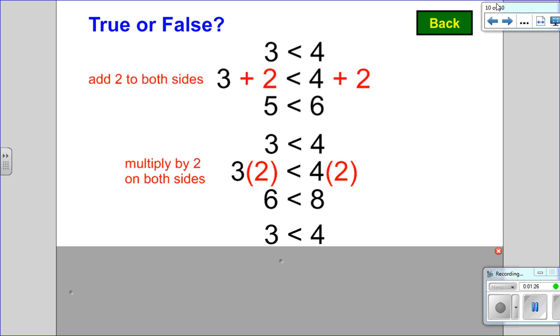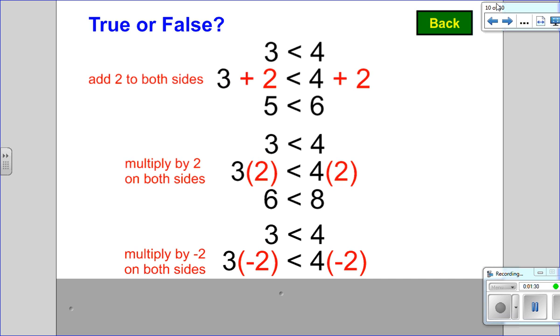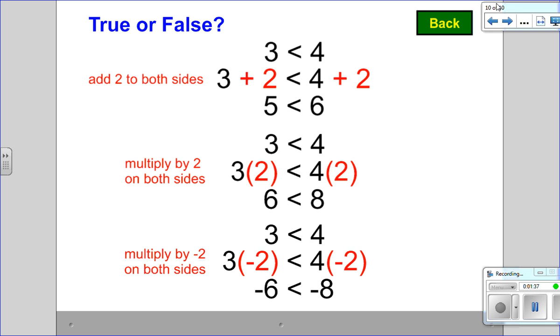However, this time once we start with 3 is less than 4, and we multiply both sides by a negative 2, we end up with negative 6 is less than negative 8. But examine that inequality. Negative 6 less than negative 8.